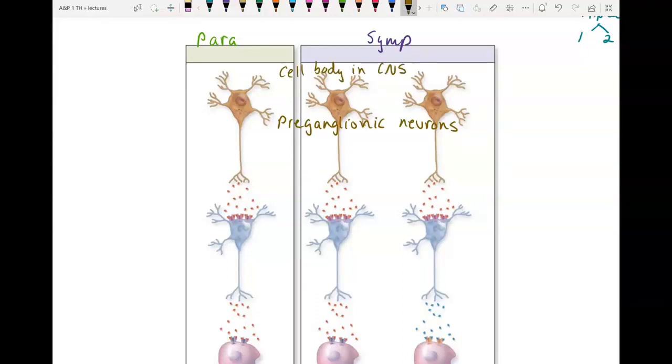In the parasympathetic, it could either be in the brain, because remember parasympathetic uses cranial nerves, or it could be in the lateral horn of the spine. And that would be the sacral region of the spine. For sympathetic, it's all going to be in the lateral horn, because remember, sympathetic comes from the thoracic and lumbar regions of the spine.